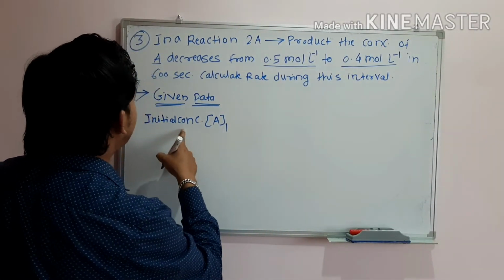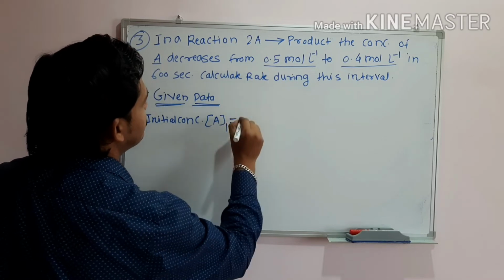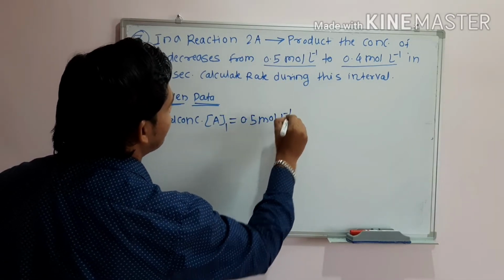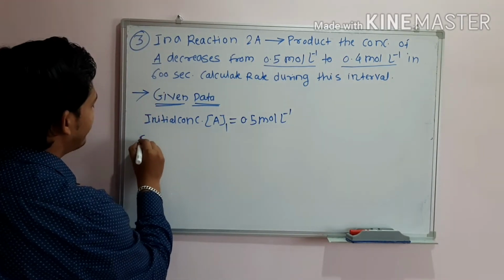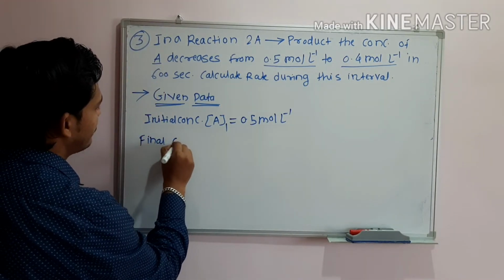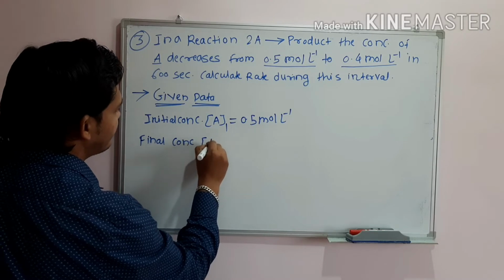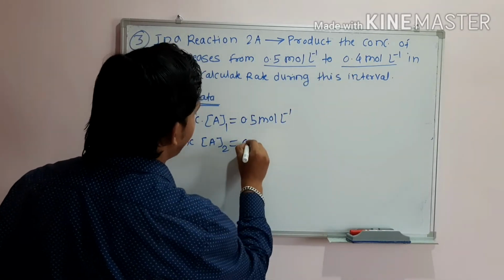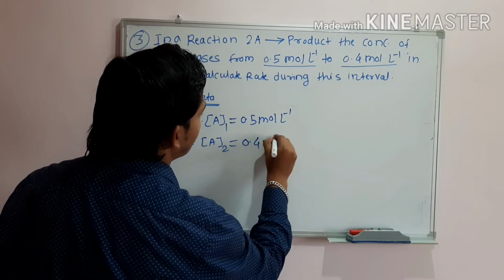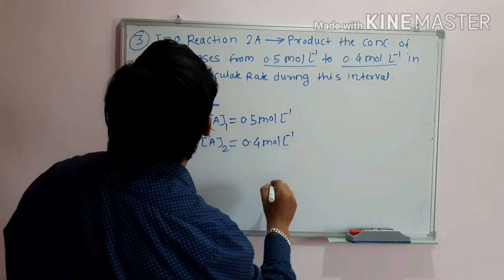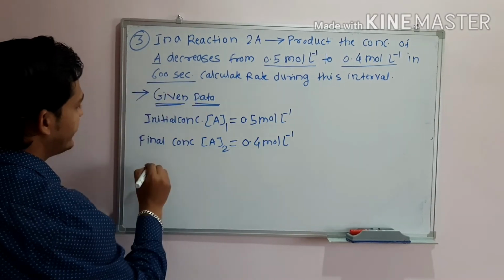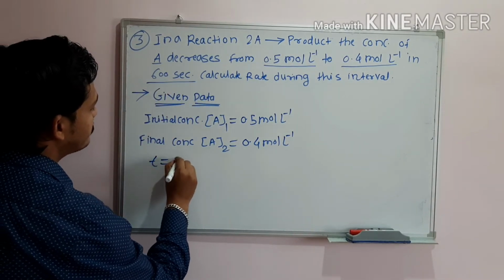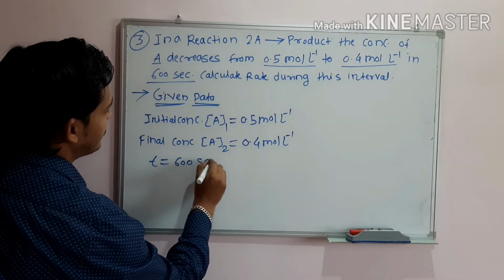So, initial concentration is equal to 0.5 mole per liter. Okay, then what about final concentration? Final concentration A2 is equal to 0.4 mole per liter. Okay, in 600 seconds, that is we have to give one time. Time is equal to 600 seconds.